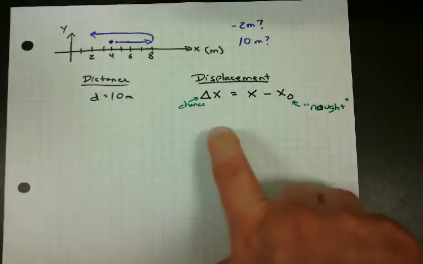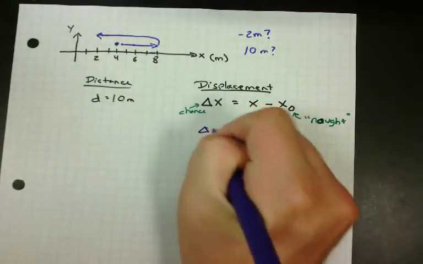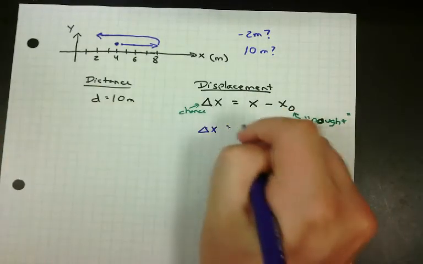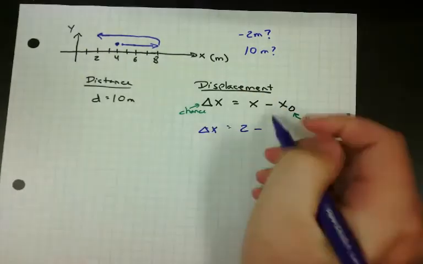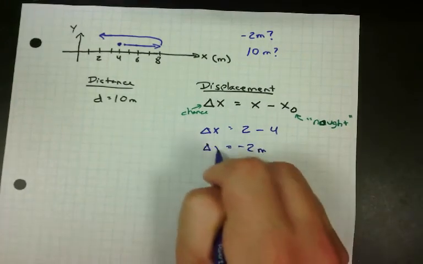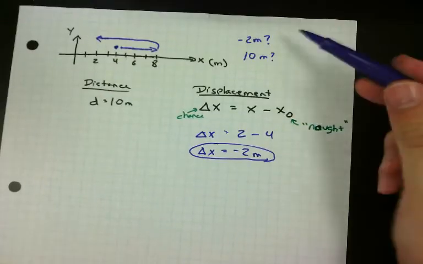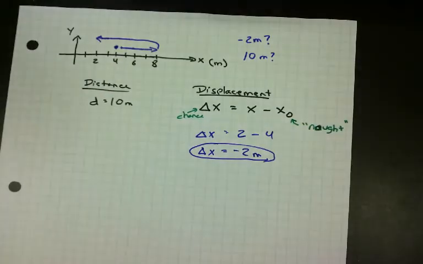So the displacement is always going to be my final position minus my initial position. My final position was what? I ended up at 2, and I started at 4. So that's mathematically how we get this answer of negative 2 meters.